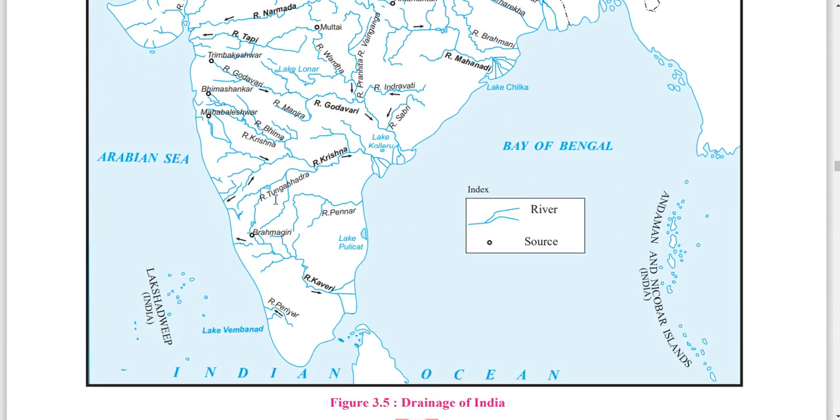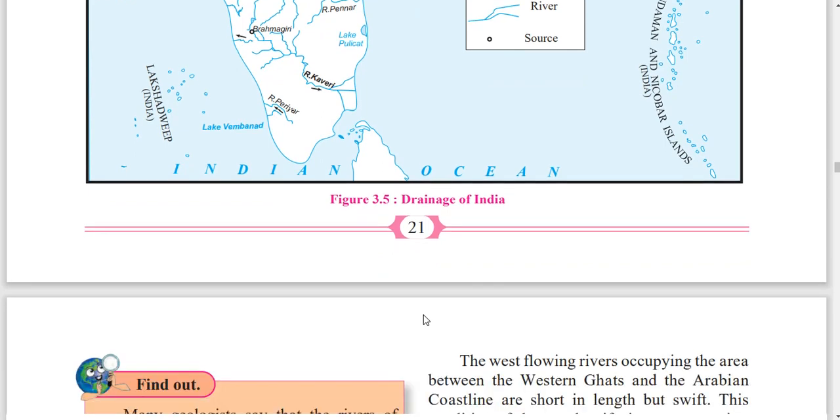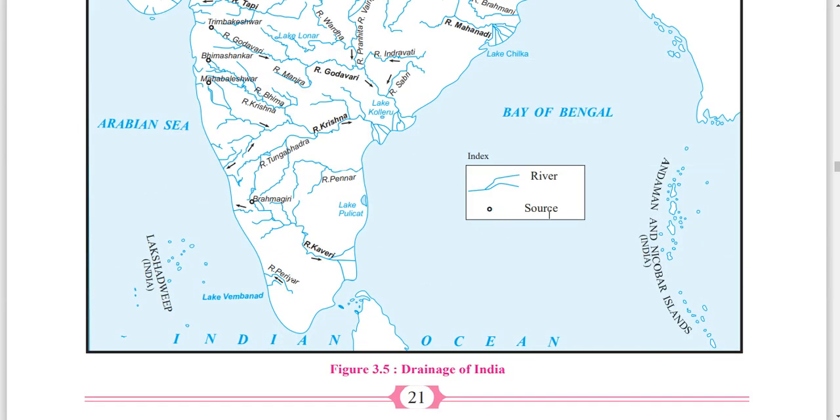This is Tungbhadra River, Pennar River, this is Kaveri River, this is Periyar River. Okay, so all these are the rivers. And this circle shows the source of the river, like this. Mahabaleshwar, Bhima Shankar, Trimbakeshwar. From there we can see the river is starting and flowing towards this direction.